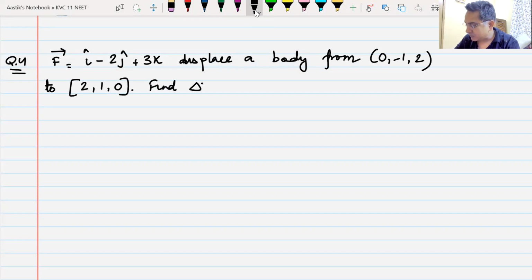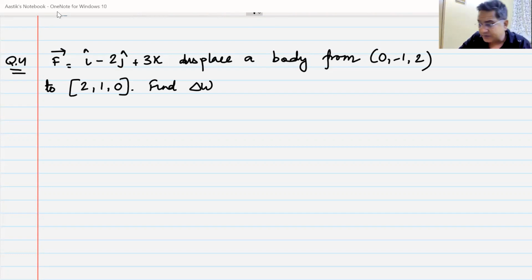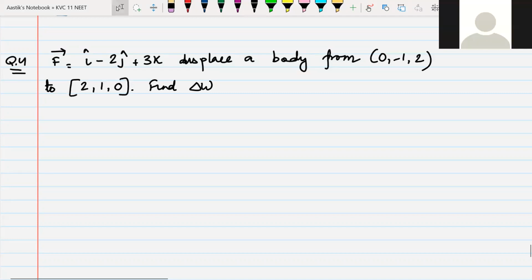Find the work done. Remember, the first coordinate that is given is always x. The second one is y. And the third one is the z coordinate. I'll wait for 2 minutes. Everyone will have to tell me their answers.